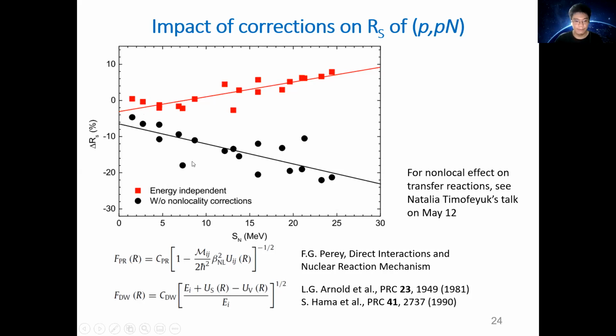This non-locality correction was discussed very extensively by Natalia several weeks ago, also in this reaction seminar. So for the proton-induced nuclear reaction in DWIA, we simply need to multiply by the corresponding Perey factors and the Darwin factors to account for these non-locality corrections. But we found that if you do not account for them, the impact could be almost 25% in some cases, like the strongly bound case.